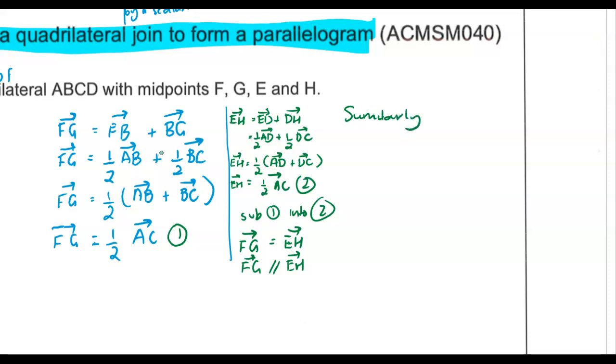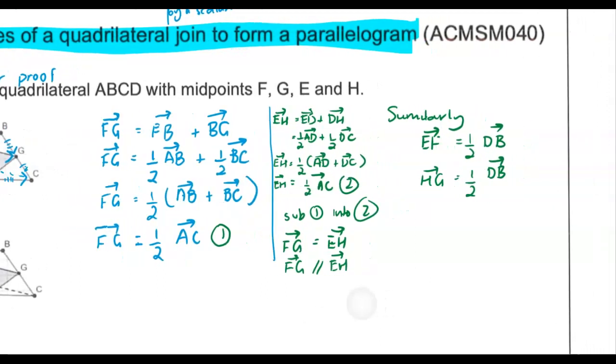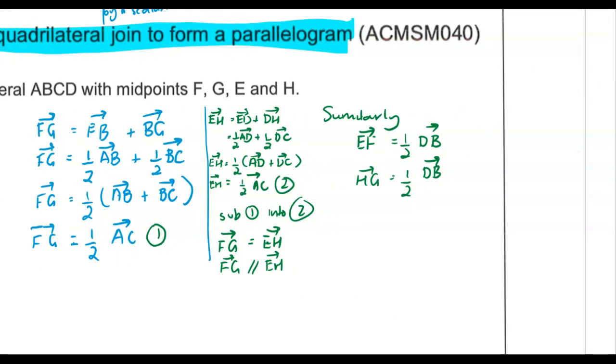Similarly, I'm going to get that vector EF is a half of vector DB. And I would also get that HG is a half of vector DB. So I'm going to leave that to you to have a go at yourself following the same rules. And so like I've gotten over there, we can call that 3 and 4.